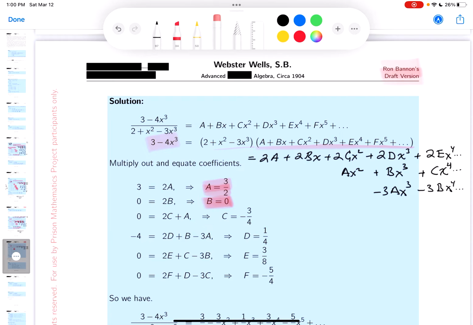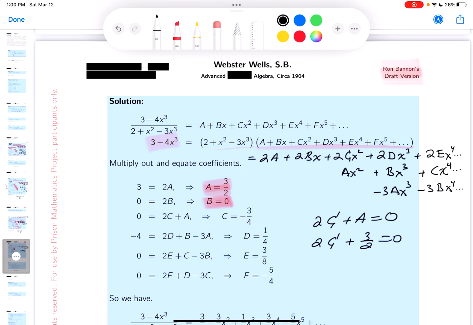And x squareds, they have to sum to 0 as well. Let's write that down. So 2c plus an a has to be 0. So 2c, what's a? 3 halves, right?